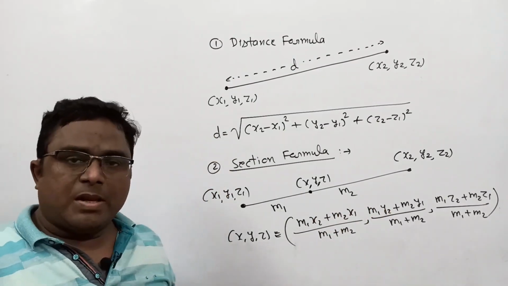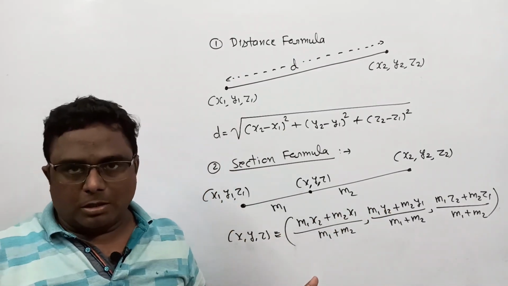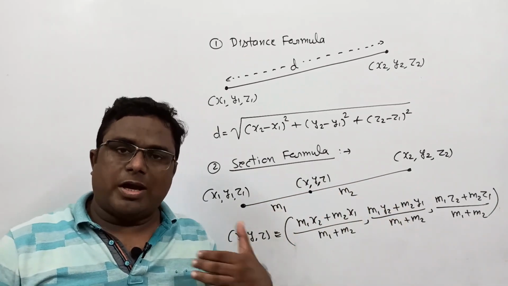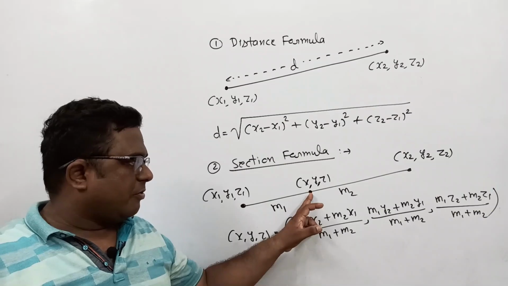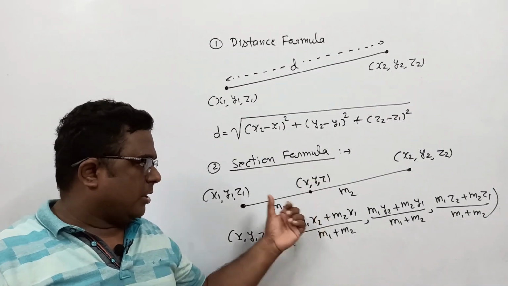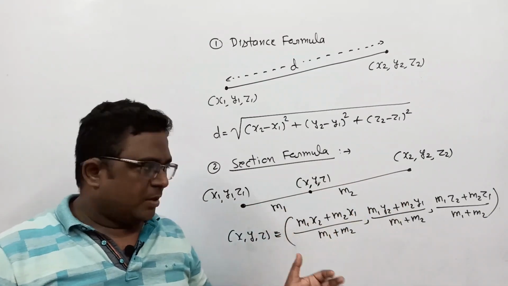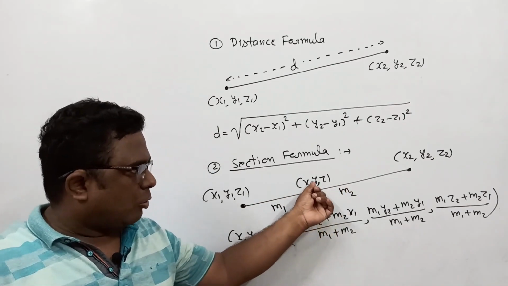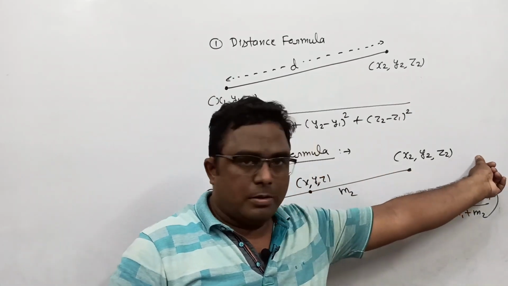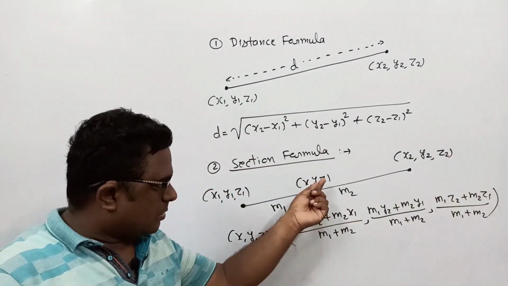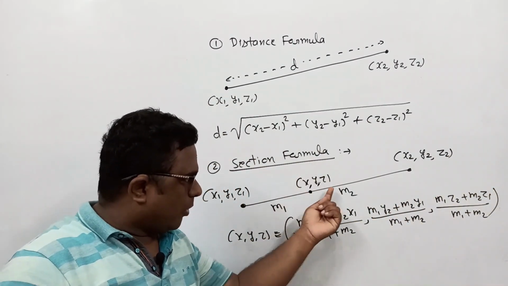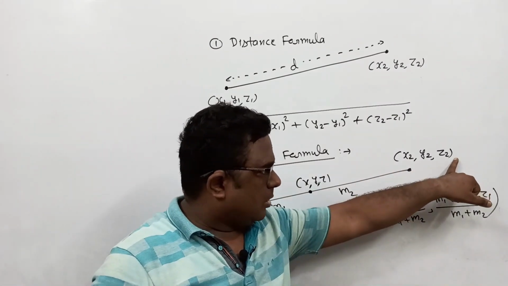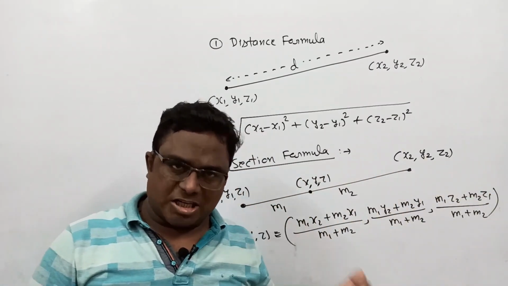Now one more thing, if the division is external. Actually in this figure I have shown you the internal division because the dividing point x, y, z is lying inside the line segment. Suppose I take the dividing point x, y, z outside of this line segment, suppose here, then we will say that division is external.